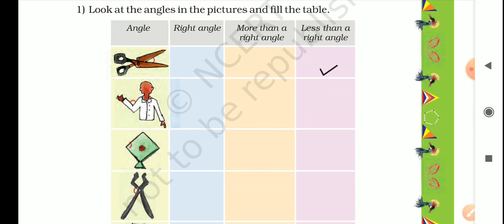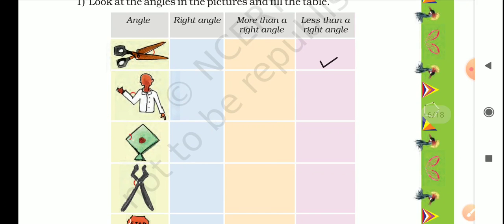We did one topic, what are angles and different types of angles. Both topics will be very helpful to you in this chapter. Now we are going to start that topic only, angle and types of angles.